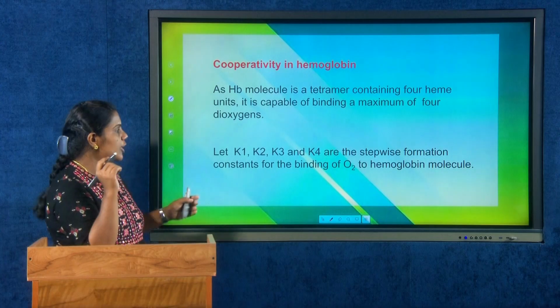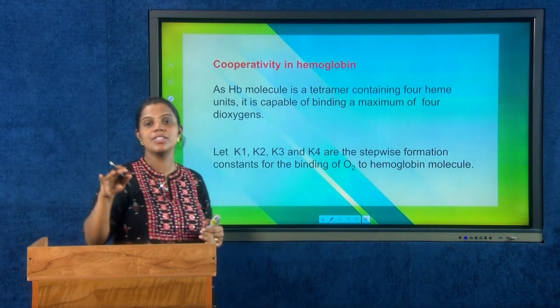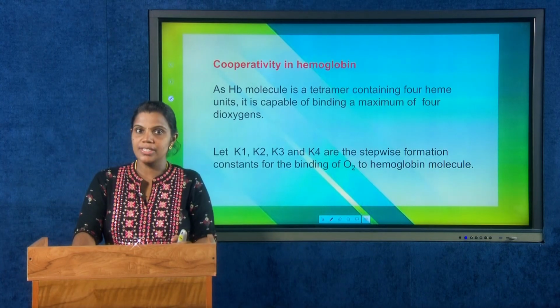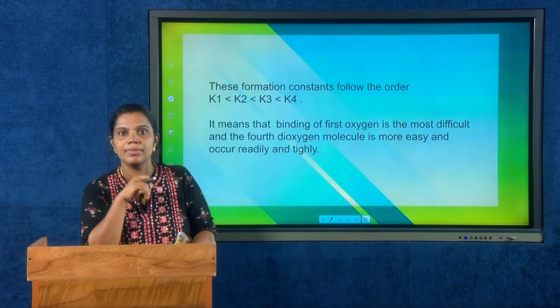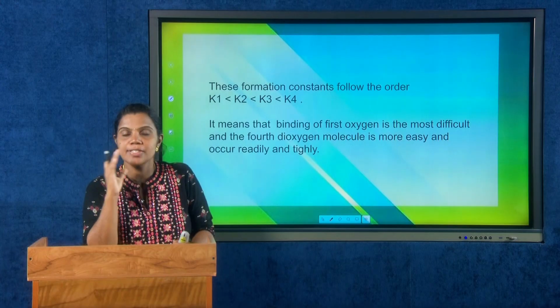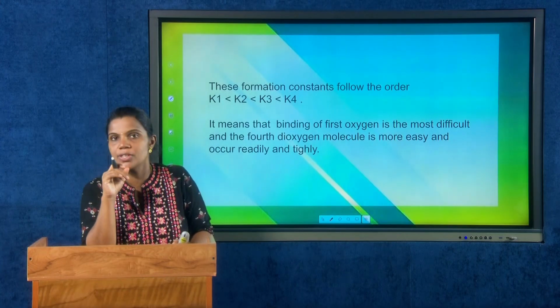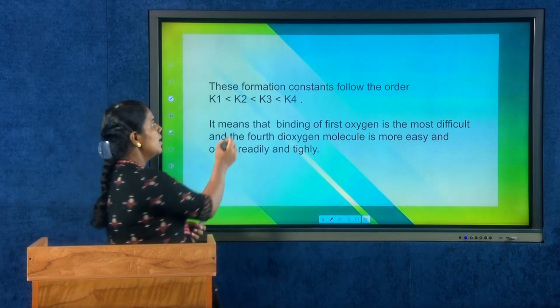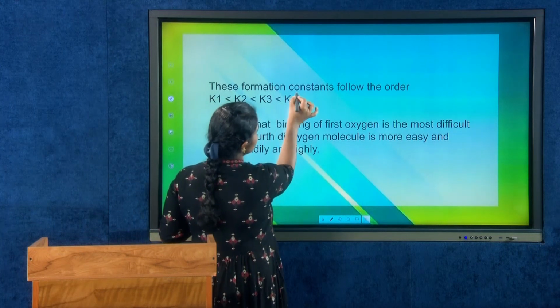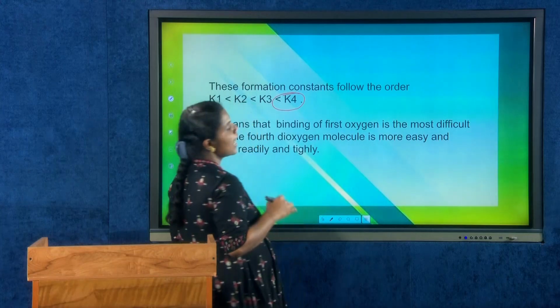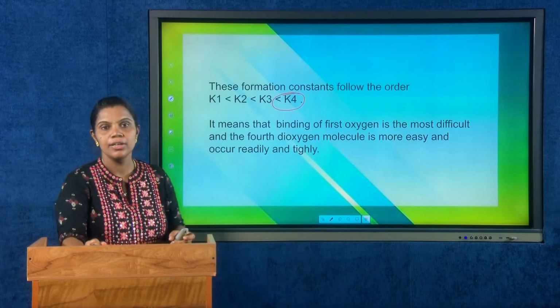Suppose K1, K2, K3 and K4 are the stepwise formation constants for the binding of oxygen to the hemoglobin molecule. It is observed that the stepwise stability constants follow the order K1 < K2 < K3 < K4. That is, K4 has the highest stability constant.